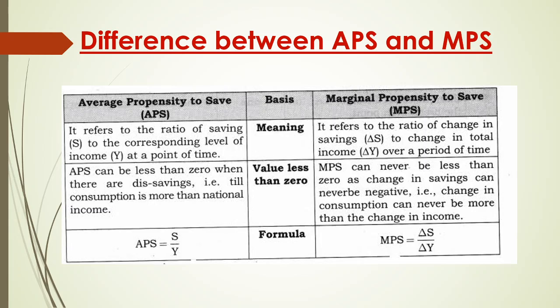Last, on the basis of formula, APS is equal to saving by income, S by Y, and MPS is change in savings, del S, by change in income, del Y.